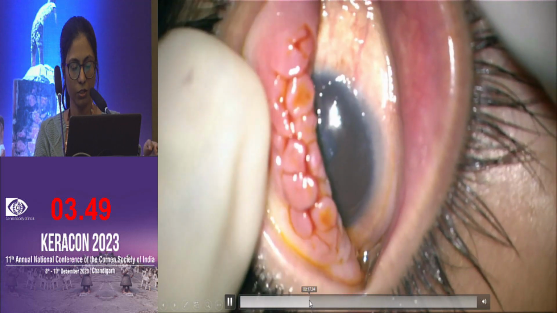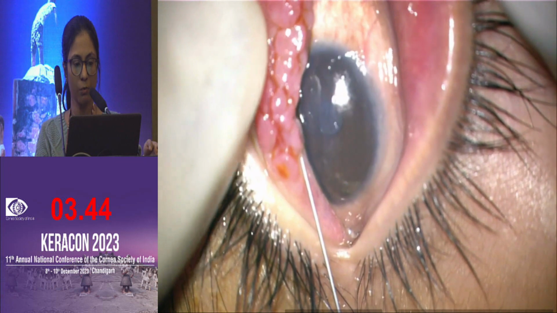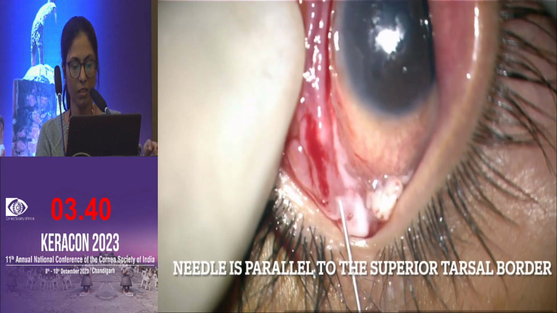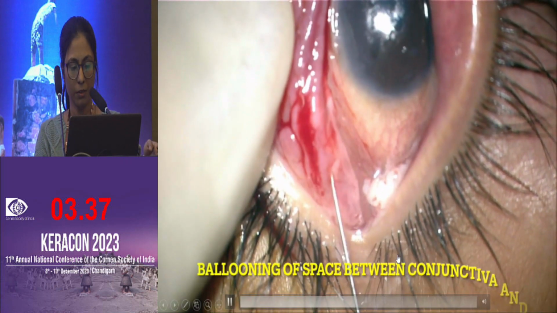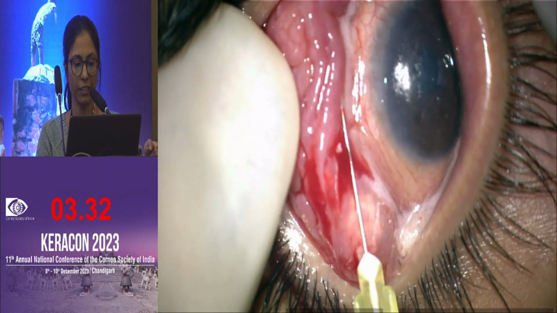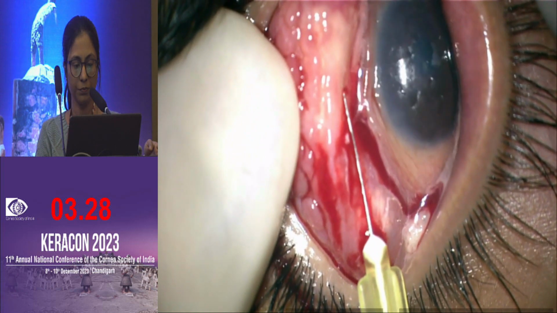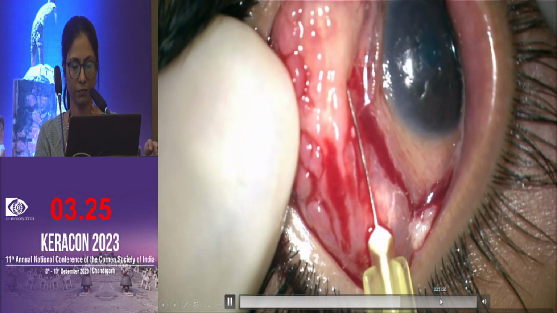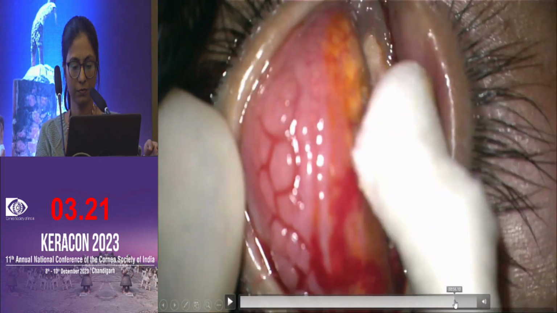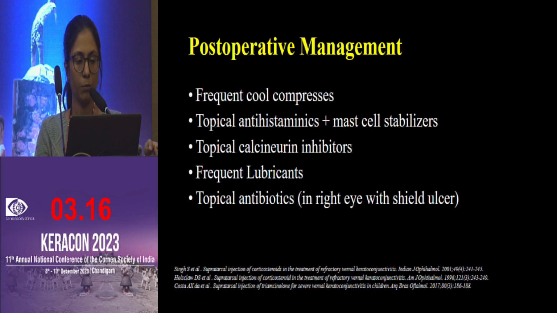Here usually the needle is inserted at the superior tarsal border, parallel to the superior tarsal border, and we balloon the space between the conjunctiva and the Muller muscle, which is the correct indication of use of the injection.